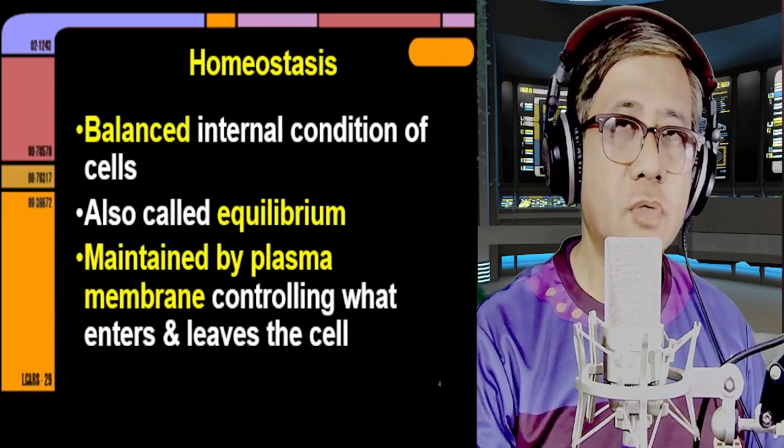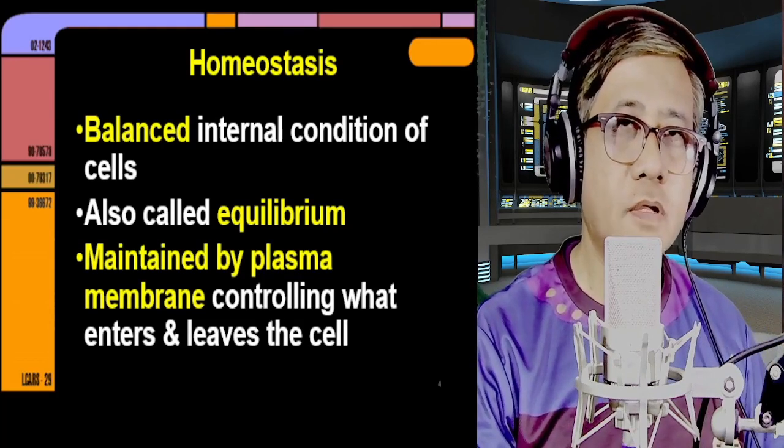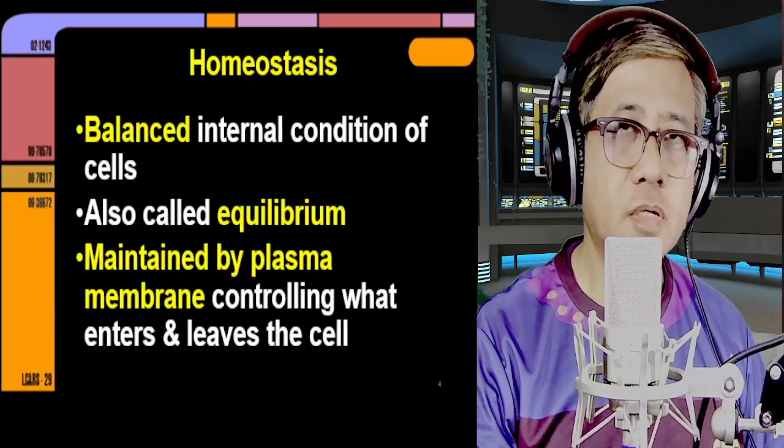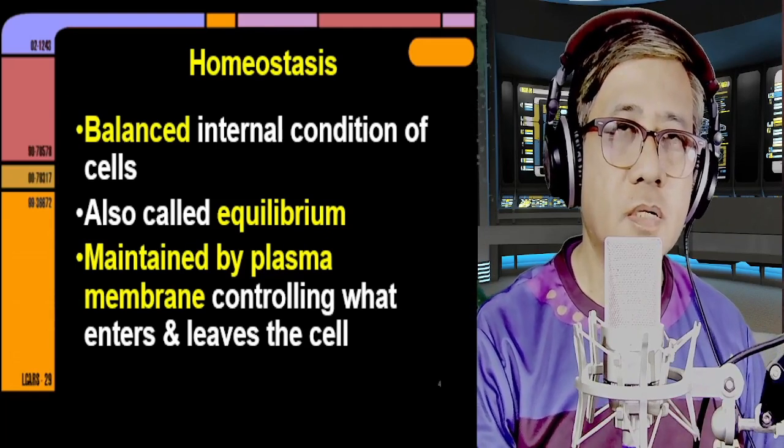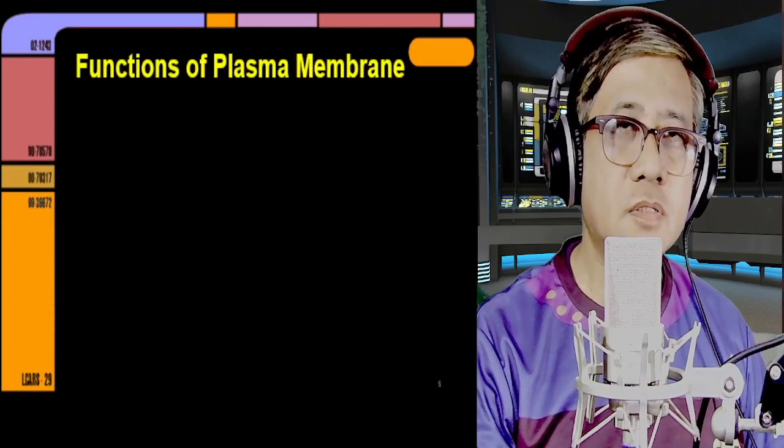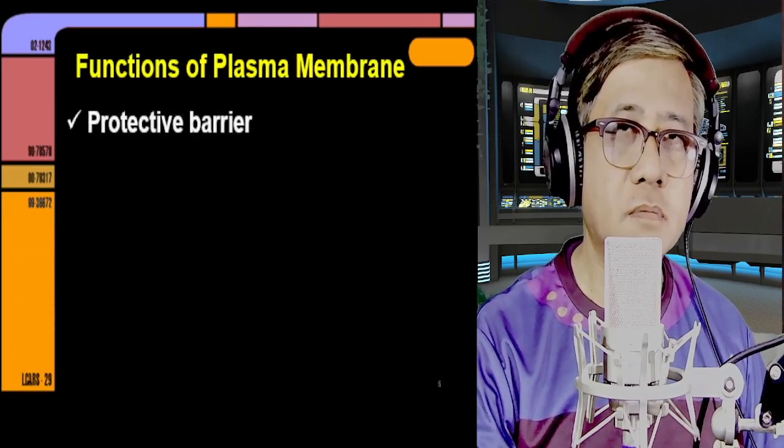So let us now go into the details of the different functions of the cell membrane or plasma membrane. Now, the cell membrane serves as a protective barrier. What does this mean?